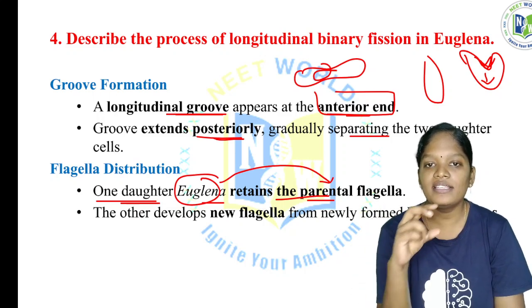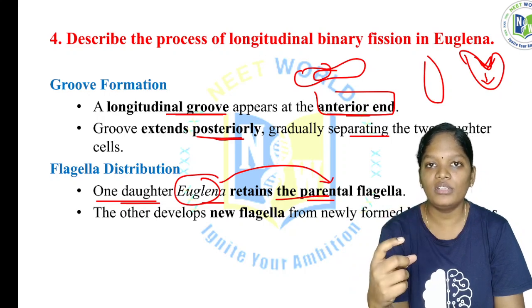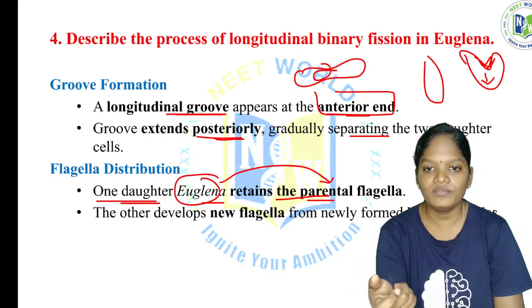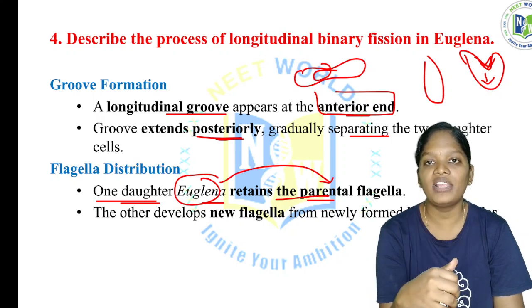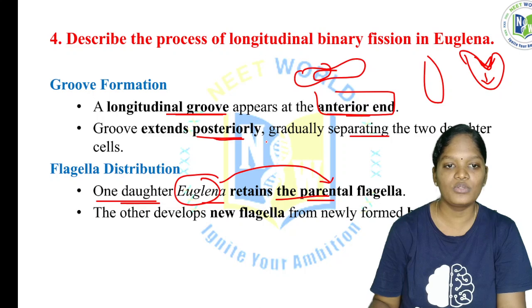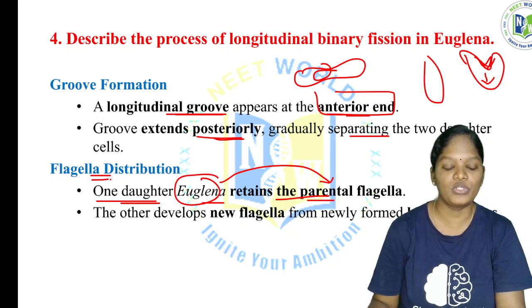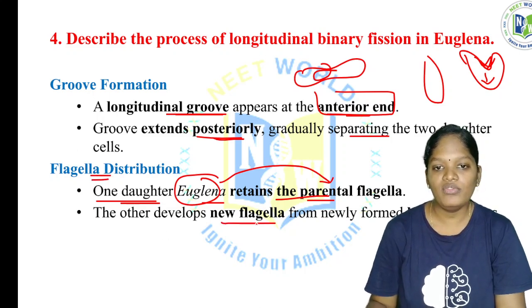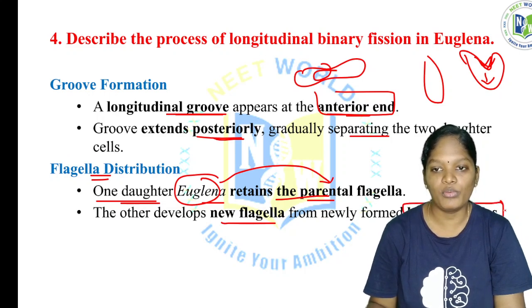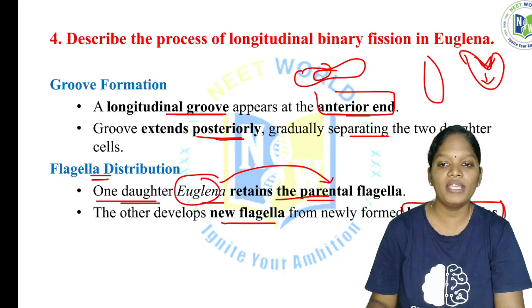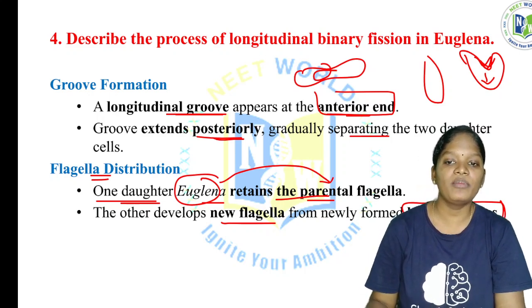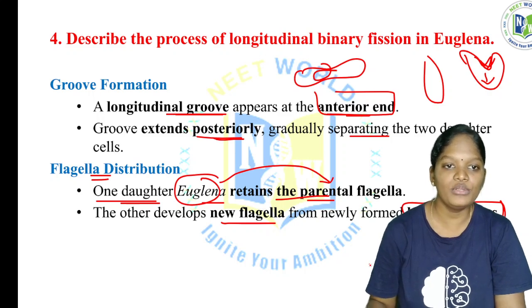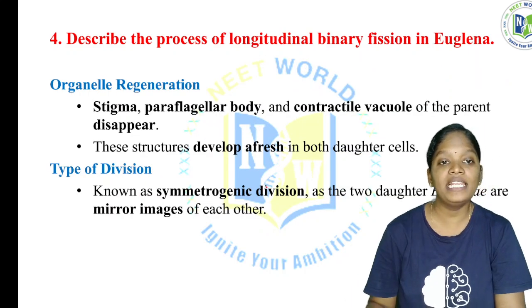One daughter retains its flagella from the parent, but the other develops new flagella from newly formed basal granules. This is very, very important. From the newly formed basal granules the kinetosomes will be produced, and from the kinetosomes a new flagellum is going to be produced.